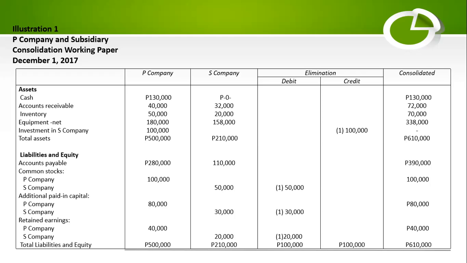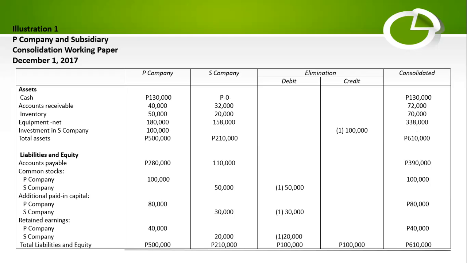Okay, so we now get the totals for the assets and the liabilities and equity in the consolidated statements. Assets, 610,000, and liabilities, 390,000.